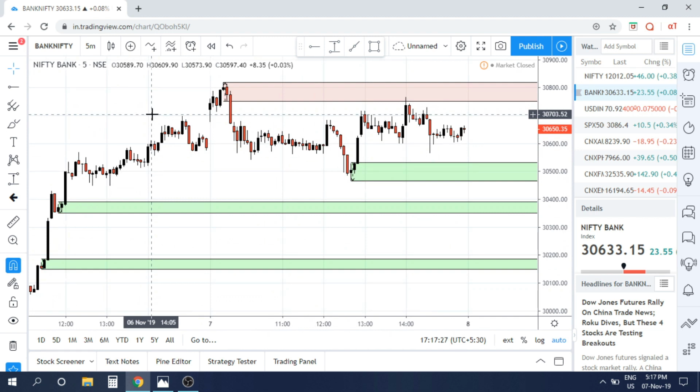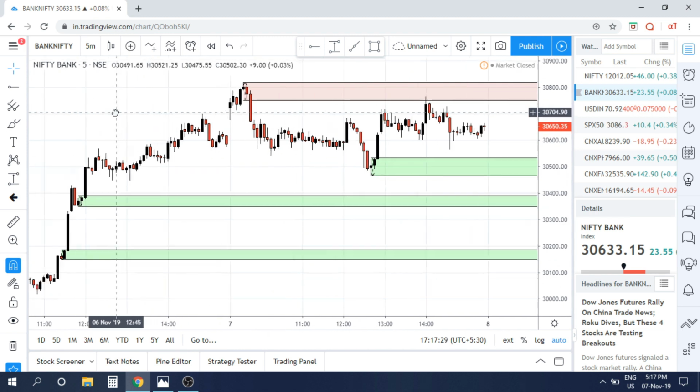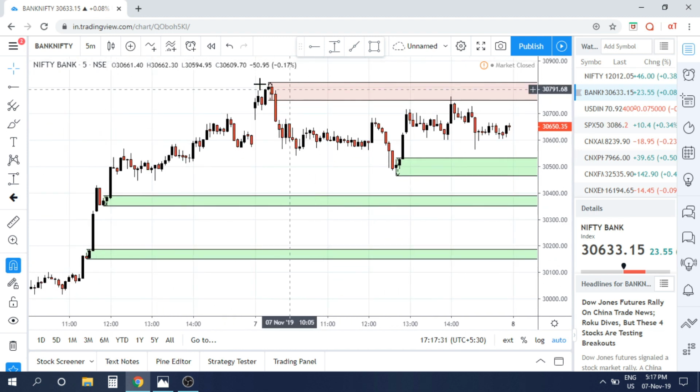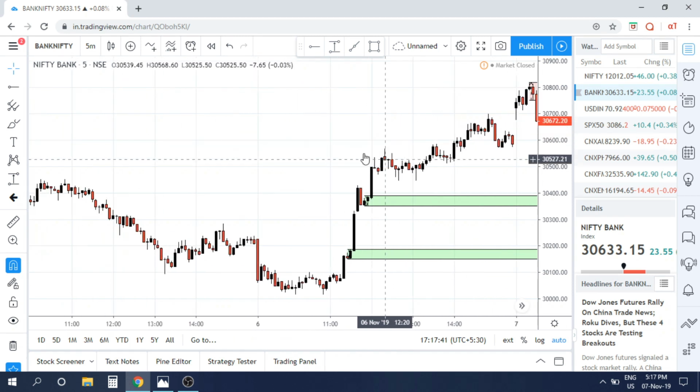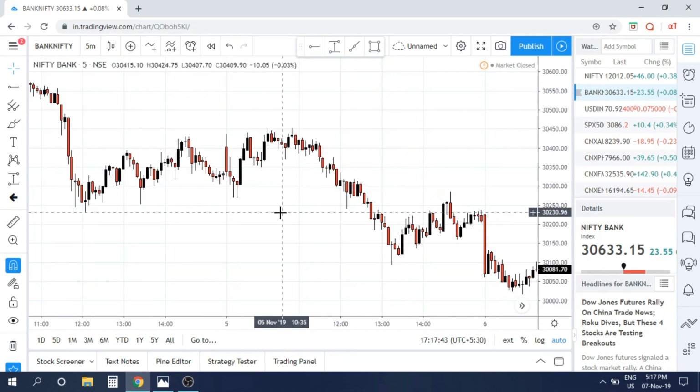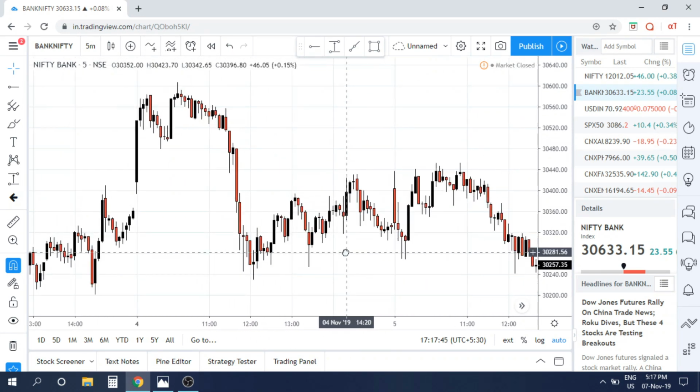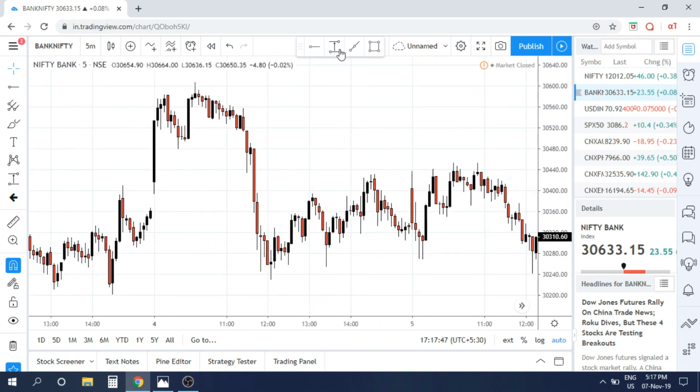So right now these are the ones which have strong move out from their basing areas. So in terms of that, the imbalance in those zones was very much palpable. Yeah, this was another supply zone.